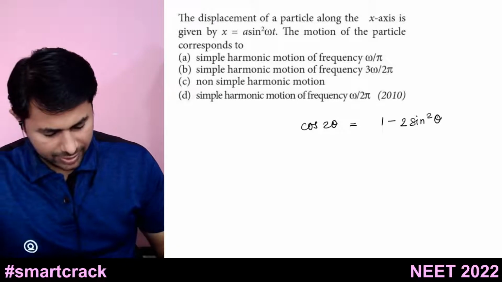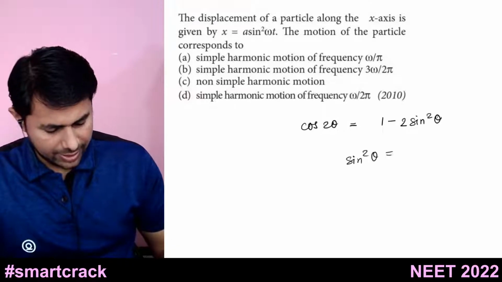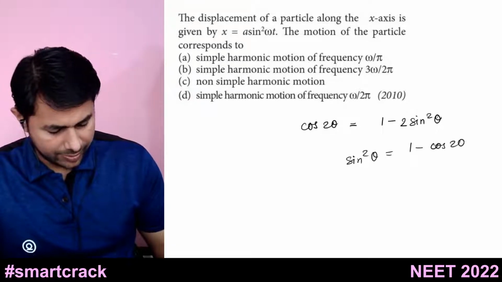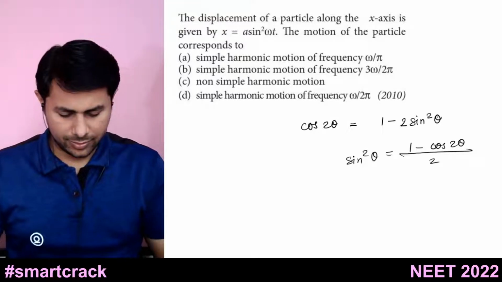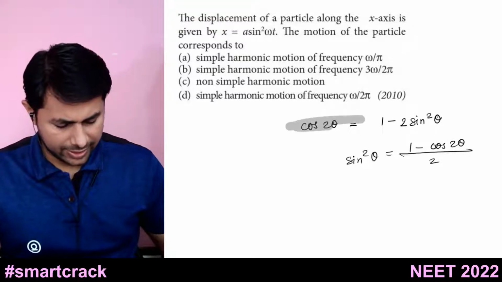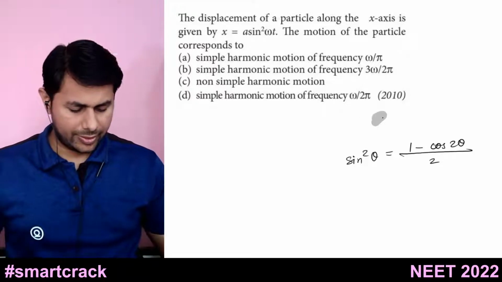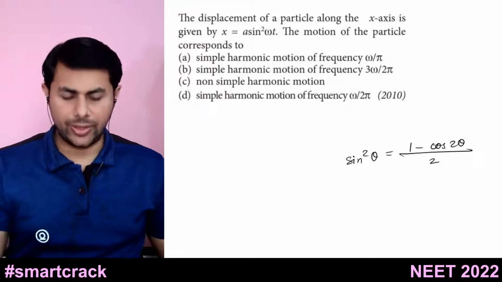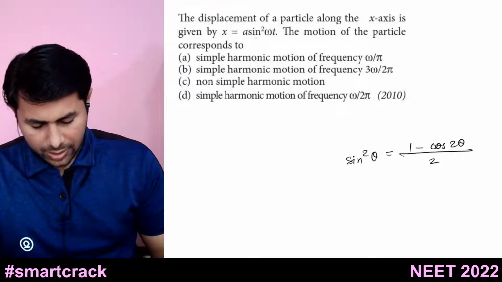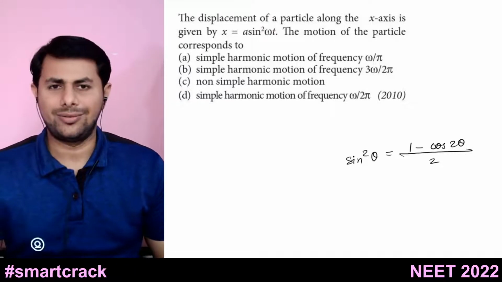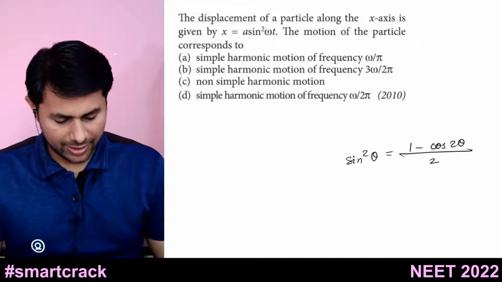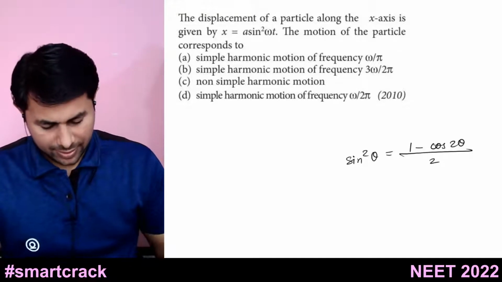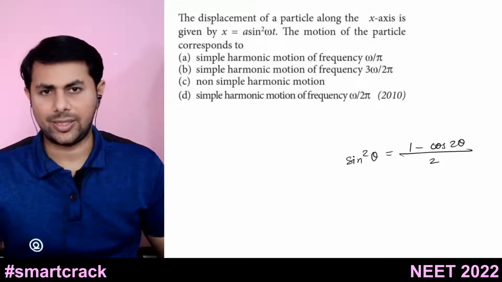So sine square theta can be written as 1 minus cos of 2 theta upon 2, and that's exactly what we want. This is the formula that we need to remember. So sine square omega t can be written as 1 minus cos of 2 omega t divided by 2.